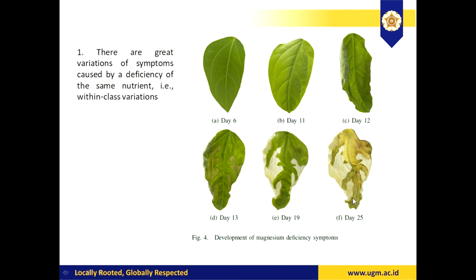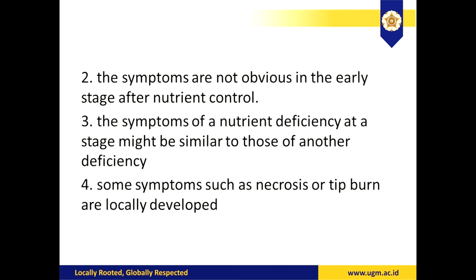Second, the symptoms are not obvious in the early stage after nutrient control. Based upon our observation, it took around 6 to 10 days for the symptoms to become visually noticeable.